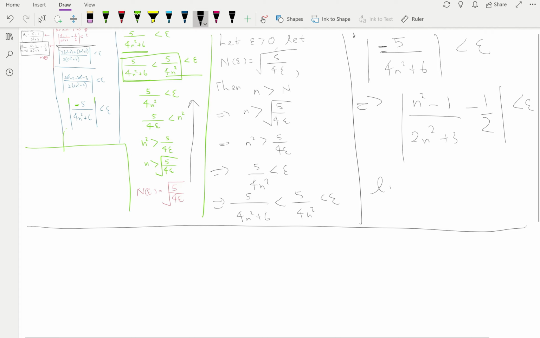So hence this proves that the limit of n square minus 1 over 2n square plus 3 is actually half by the definition. Okay, so that's the proof. That's how we prove that for this particular sequence the limit is half. Thank you.